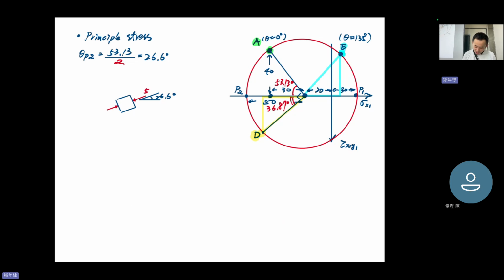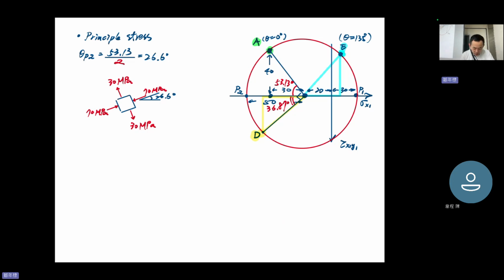R is 50. Sorry, 70 MPa. Okay, and where's P1? Of course, it's at 90 degrees, right? Where is that? On the right-hand side, 30 positive. Easy, isn't it? 30 MPa. Okay, done. Very easy.